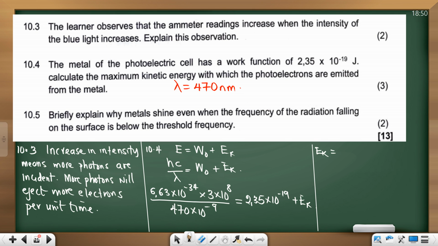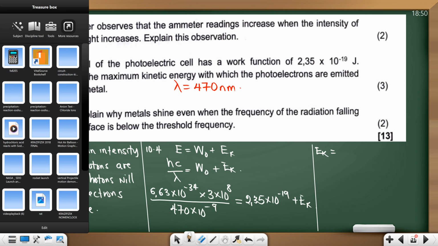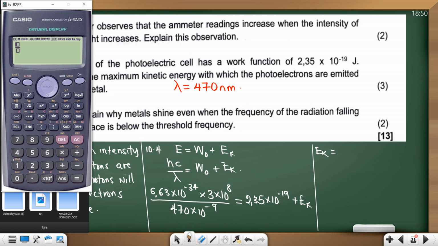What did you get? Let's see. What's your answer, people? Share your answer with me. 6,63 times 10 to the power negative 34 times 3 times 10 to the power 8 over 470 times 10 to the power negative 9.